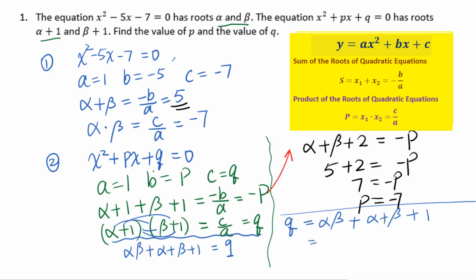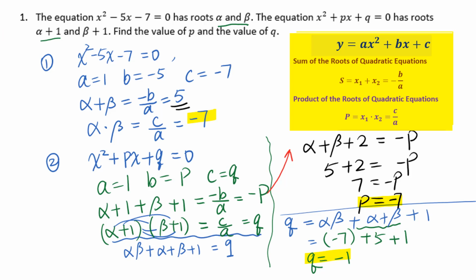We know alpha times beta is negative 7, so we plug in negative 7. Alpha plus beta is 5, so negative 7 plus 5 plus 1 equals negative 1. So q equals negative 1 and p equals negative 7.